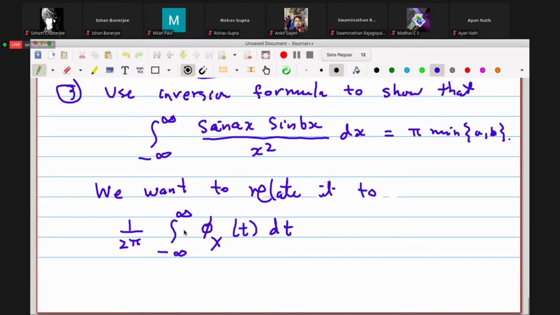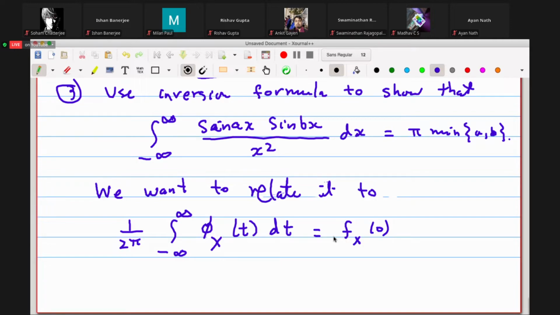There is an e power minus i t x naught, but if you recall, this is fx of 0 actually. So if you had x naught here, you would have e power minus i t x naught. But that x naught is 0, so that factor becomes 1. So we just have this.